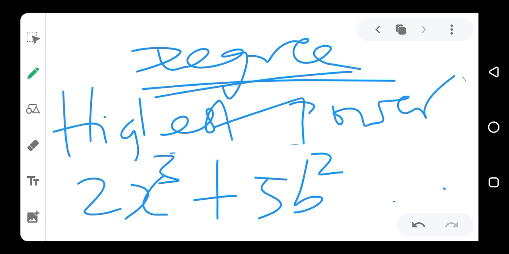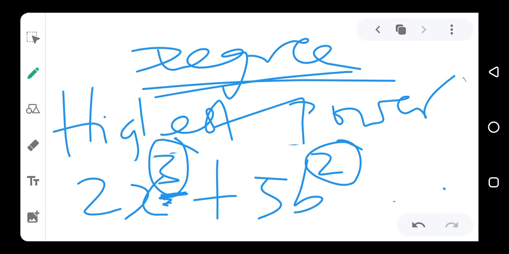This is still a polynomial. Now the power here is 3, while the power here is 2. The highest power is 3. Therefore, the degree of this polynomial is 3.